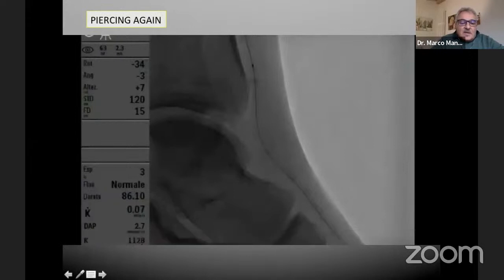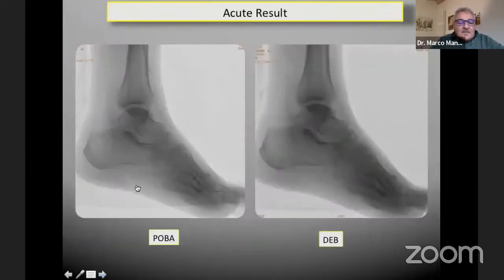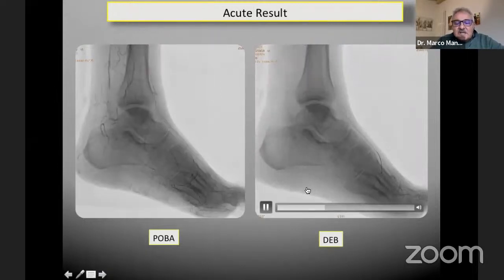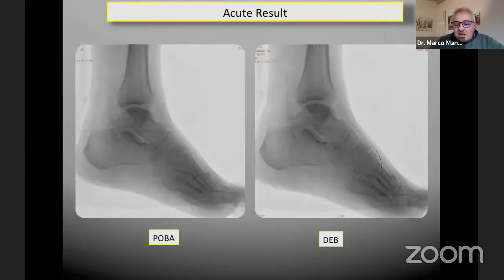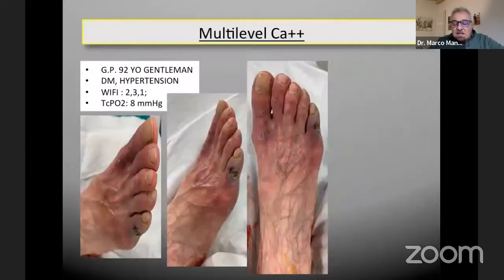I will show you the result after the plain old balloon angioplasty and after the drug elution angioplasty. So when we crack the calcium, it's possible to perform drug elution.